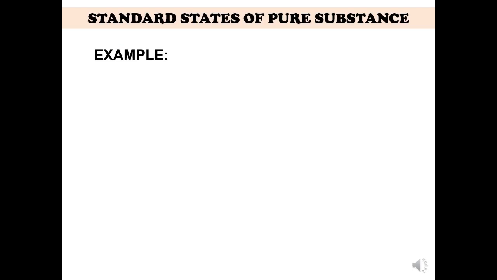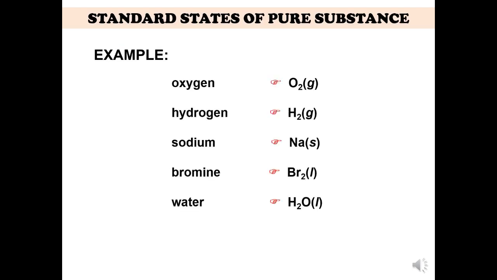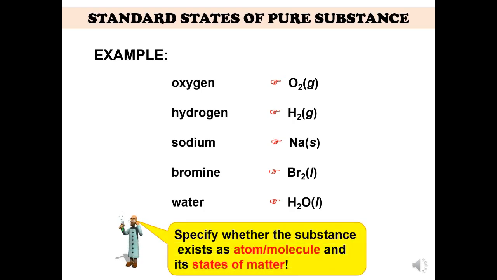Examples of standard state of pure substance: oxygen is O2 gas, hydrogen H2 gas, sodium Na solid, bromine Br2 liquid, water H2O liquid. Specify whether the substance exists as atoms or molecules and its state of matter.